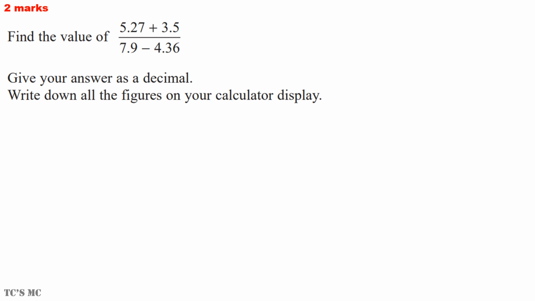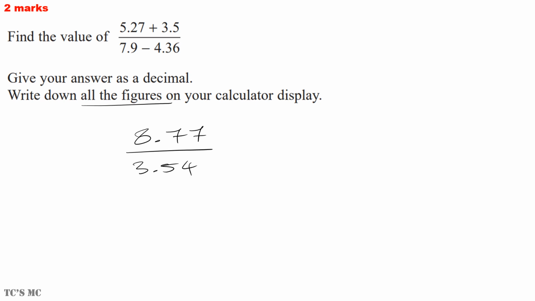Find the value of 5.27 add 3.5 all over 7.9 subtract 4.36. Give your answer as a decimal. Write down all the figures on your calculator display. You should have worked out on your calculator that the numerator would be 8.77 and the denominator would be 3.54.